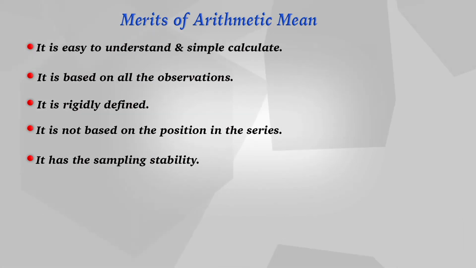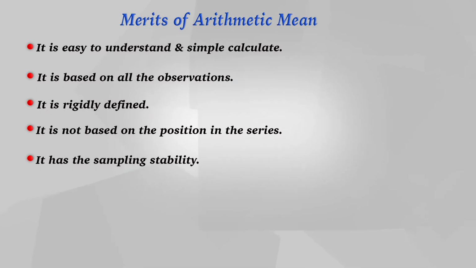The calculation of arithmetic mean is quite simple if all the values of the variable are clearly defined. The formula does not require too many steps for computation of the mean. This measure of central tendency is well defined and does not involve any ambiguities.